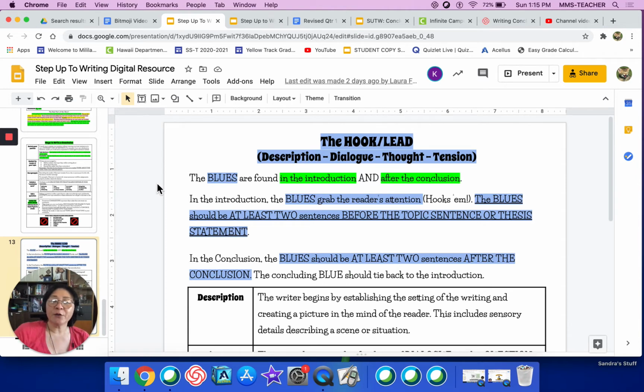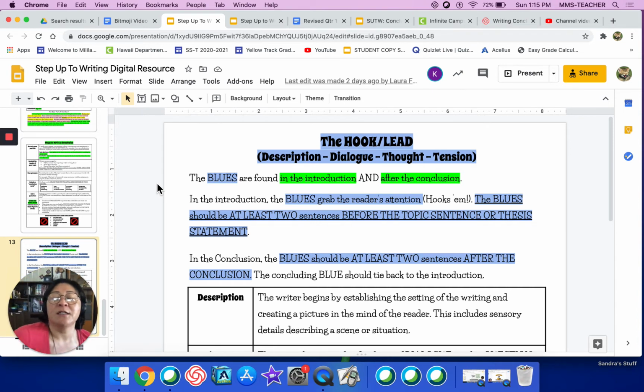So now you've gone through all the Step Up to Writings. We've gone over the topic sentence, thesis statement. We've gone over the star ideas, yellows. We've gone over the E's. We've gone over conclusions. And so now we're going to kind of take it back, and we're going to be talking about the hook and the lead. So follow along on your slideshow and in your composition book as well.